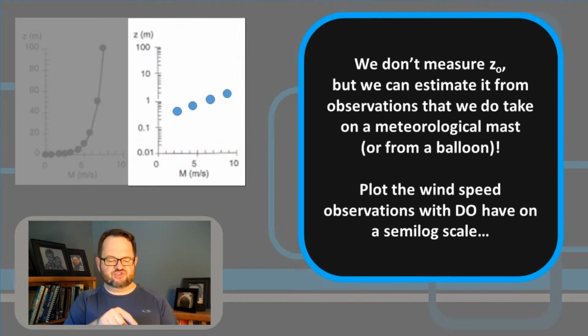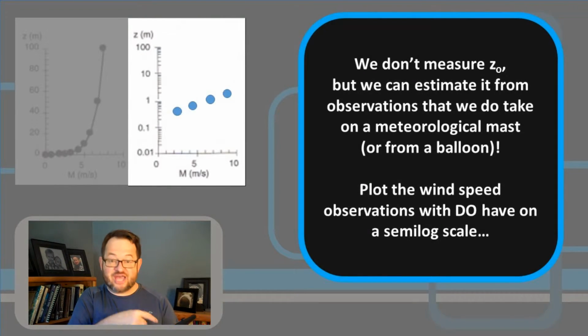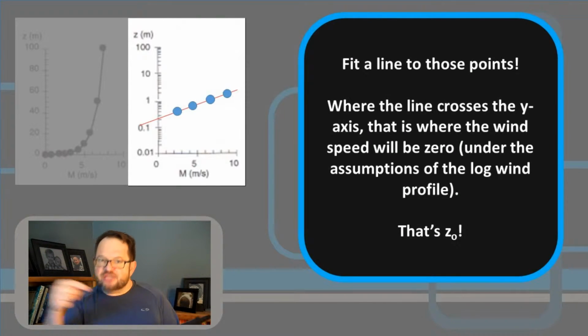I'm going to zoom in here on the log wind profile side of the graph. We don't measure Z naught, the aerodynamic roughness length, but you take observations of the wind at various heights, like from a meteorological mast or the launch of a weather balloon, and you plot those on that semi-log scale version of the graph. You plot the winds at different heights using your markers, and you just fit a line to them.